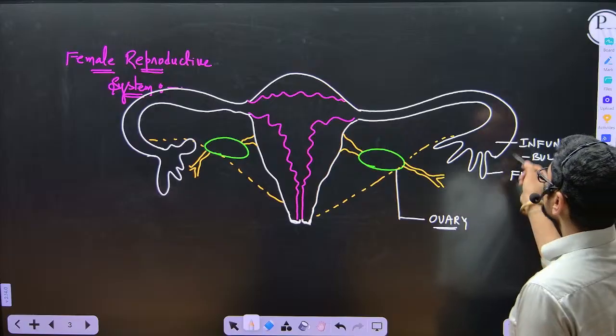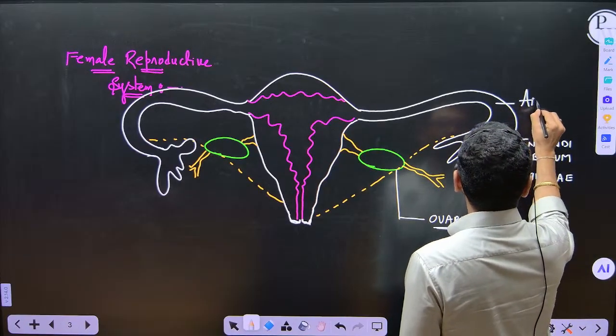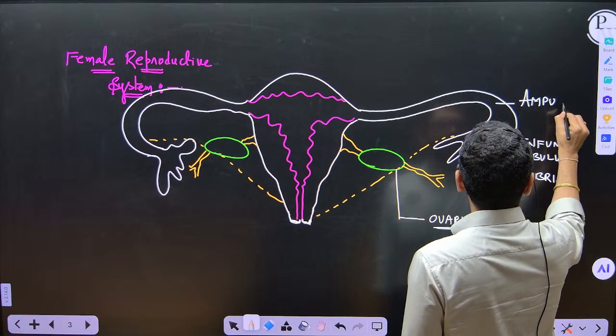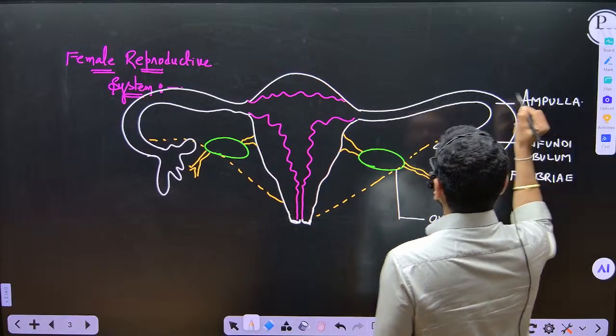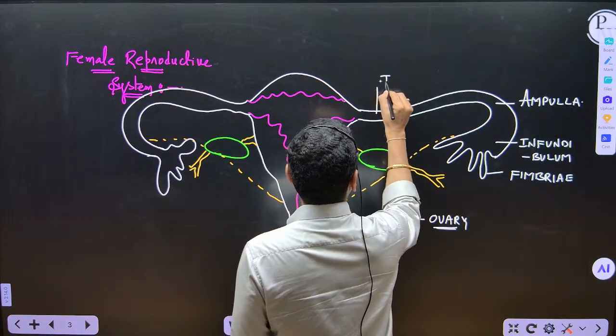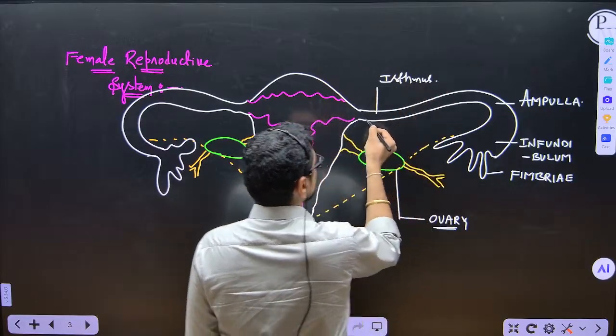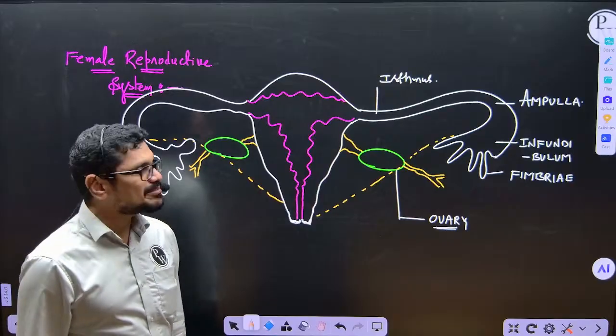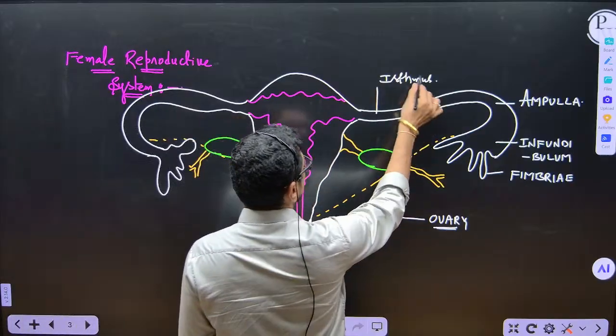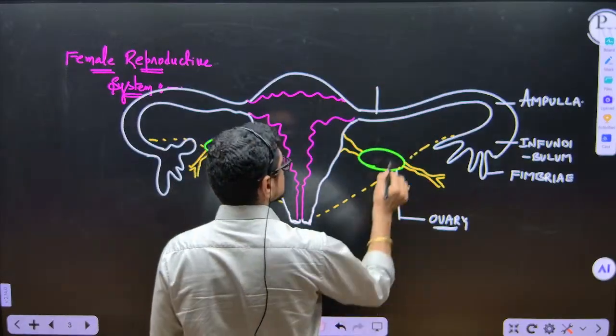And this is called ampulla. And the narrow part is called isthmus. Intramural part will be another part, but it is not there in the CBSE textbook, so I am not writing it. I will increase the font size here.